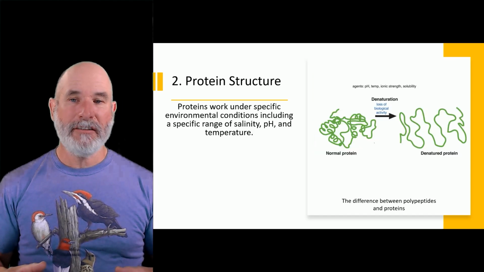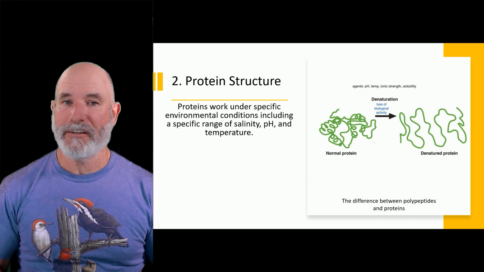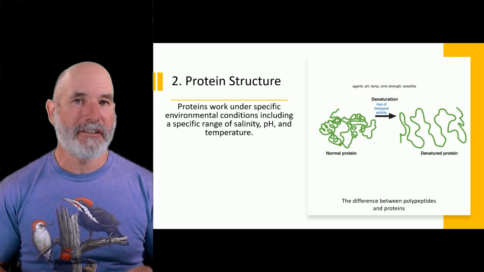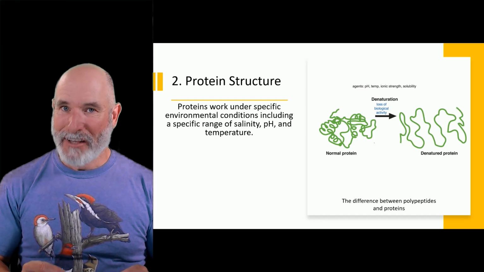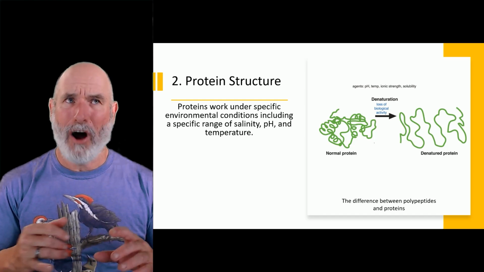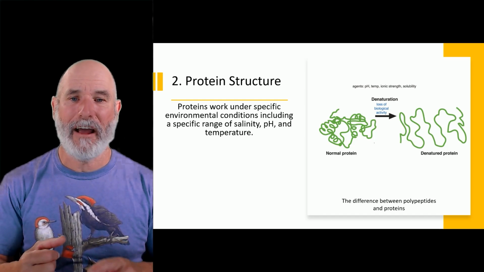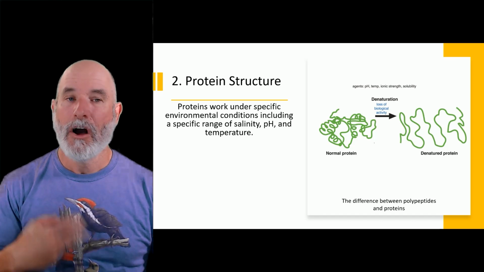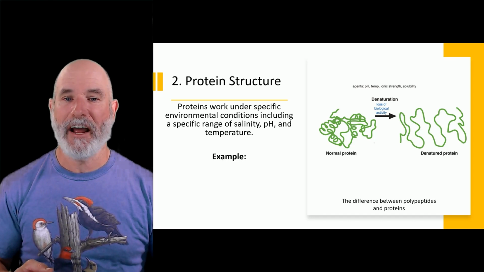Now, proteins, like I said, structure is everything for these things, and they have evolved to work under very specific environmental conditions. So they have very narrow ranges, or often, some can be more broad, but they have a specific range of salinity, pH, and temperature where they are optimized for their functionality.